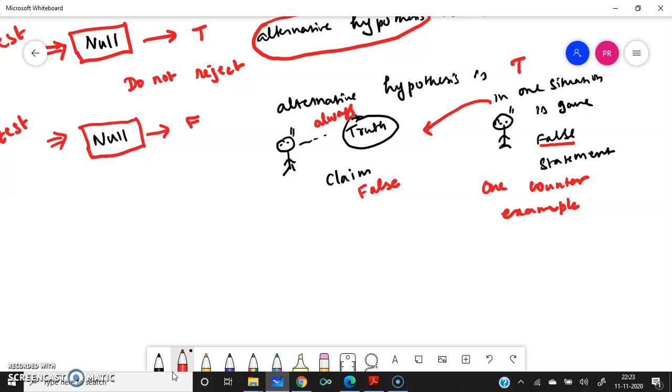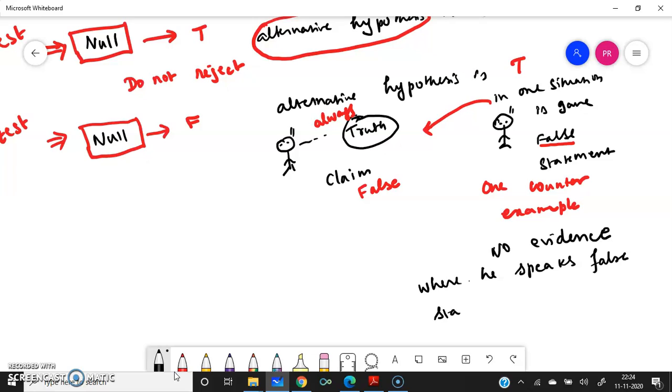Now in another case there is no evidence. Another case is possible, where no evidence is there. What evidence? Where he speaks a false statement. So this case 1, I can call the other case 2.